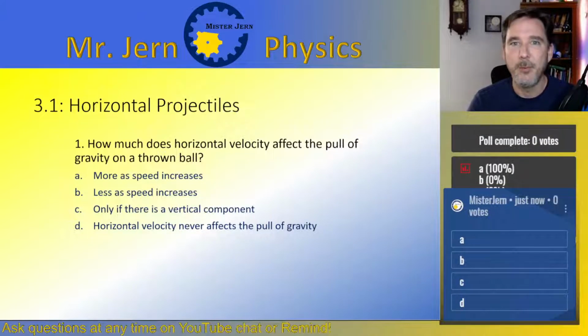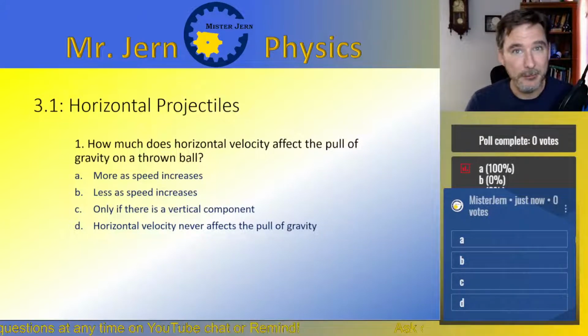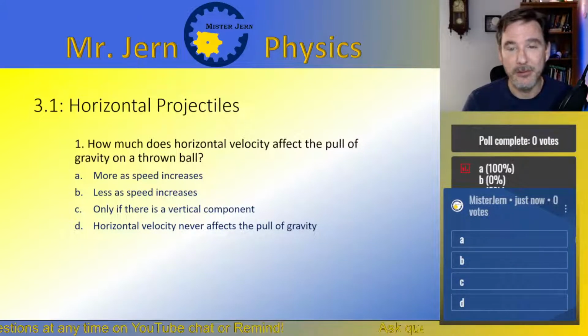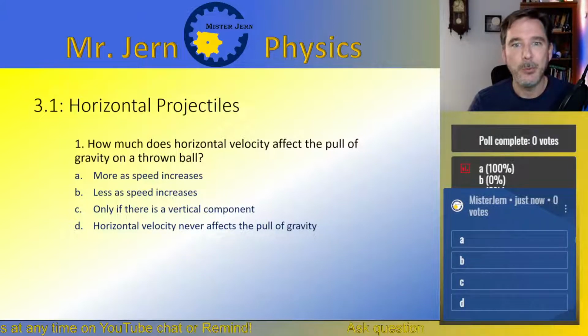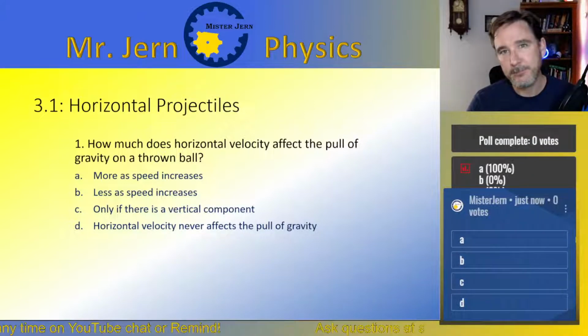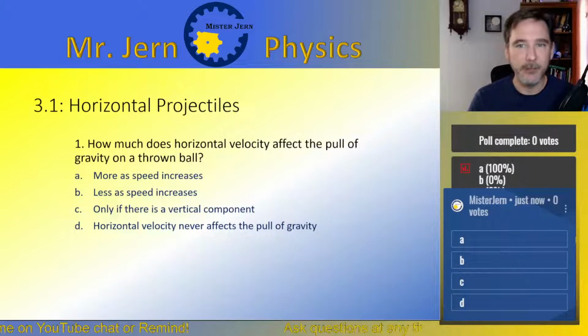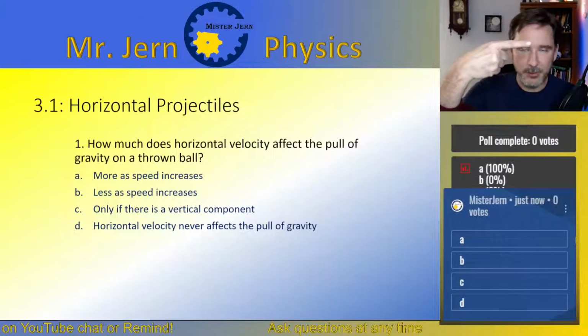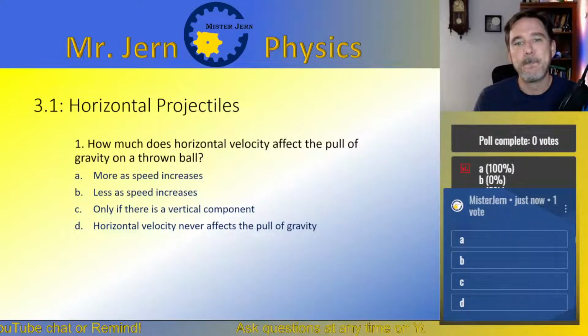Go ahead and put in an answer. It should have popped up. I tried it on myself, and this is the first time we're doing it, so we'll see how this goes. How much does horizontal velocity affect the pull of gravity on a thrown ball? So the ball is flying through the air. How much does horizontal velocity, the sideways motion, affect the pull of gravity on a thrown ball?